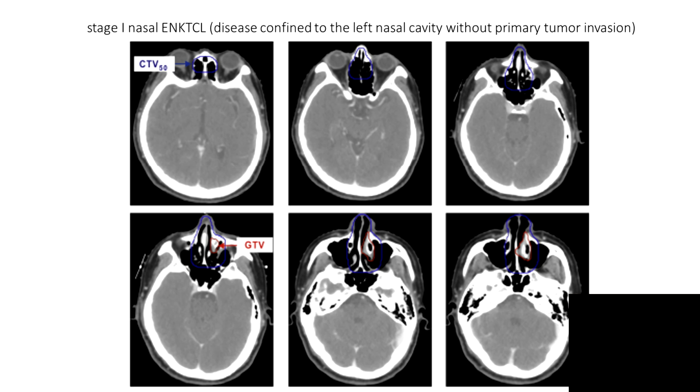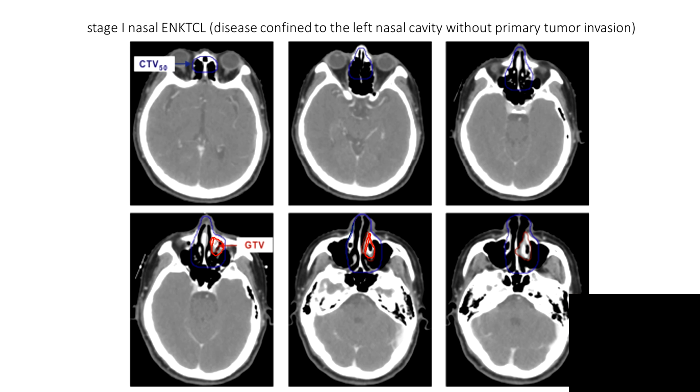This is an example of a stage 1 nasal NKT cell lymphoma and the contouring for it. The GTV is the tumor located close to the medial wall of the left maxilla and is involving the area of the nasolacrimal duct. The blue outline shows the area of the CTV.